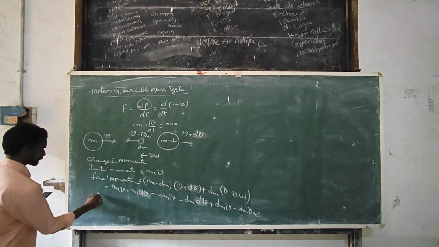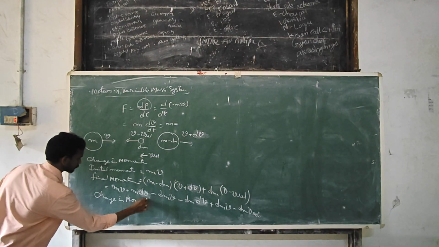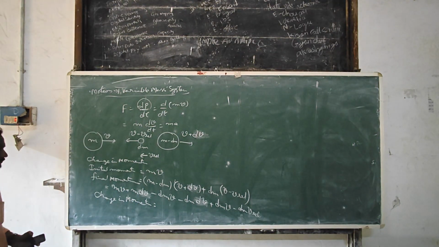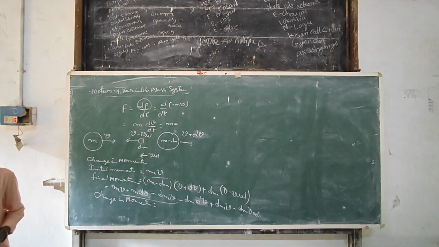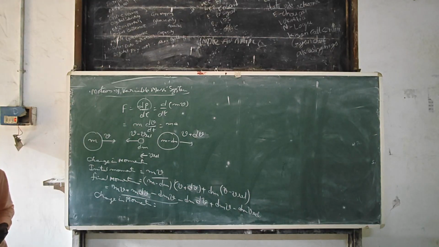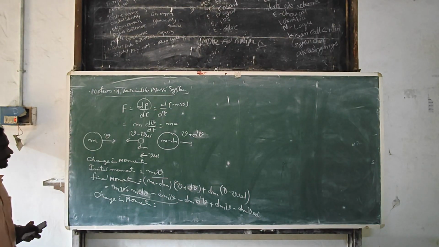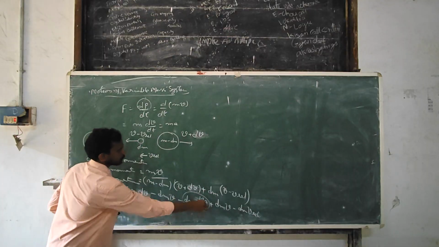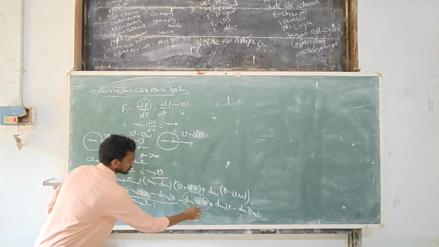Change in momentum is the difference of these two. Subtract, and mv gets cancelled. I am assuming these two are very, very small numbers, so the product is even smaller, so I am neglecting this.